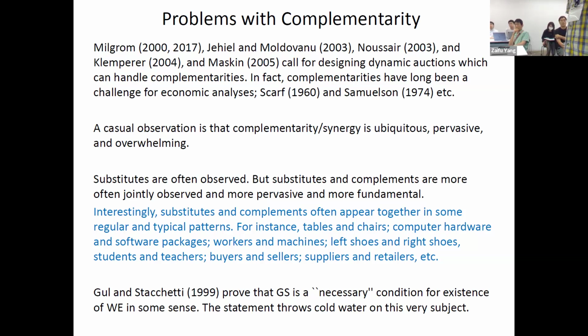Then Scarf found a simple example, I think with 3 goods that are complements, where the tatonnement process does not converge to competitive equilibrium anymore. And later on, the great Samuelson wrote a very long paper about the issue of complements. So complements or synergies are quite pervasive, of course, overwhelming.